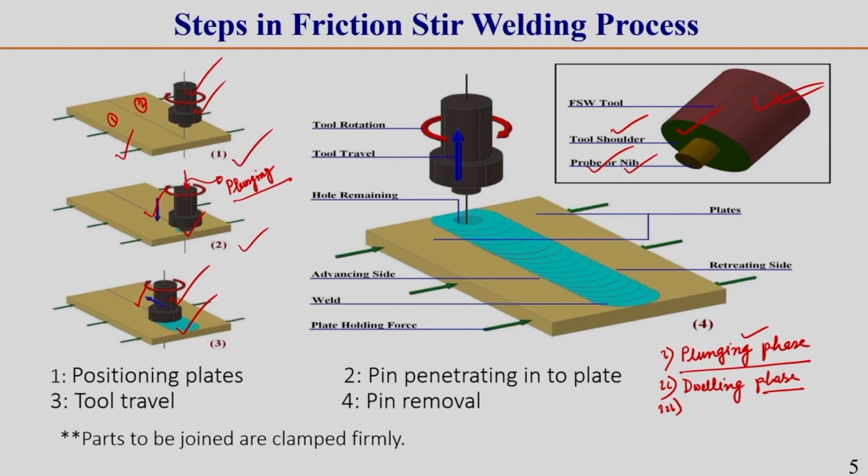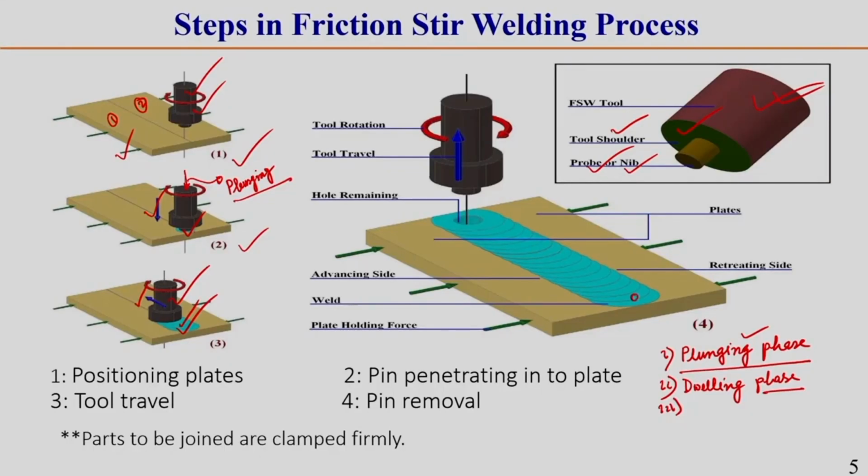Once we give this traverse motion, the welding starts, and due to the rotational motion the material fills the gap in this region. The material movement takes place from the advancing side to the retreating side, and is then deposited at the back side.